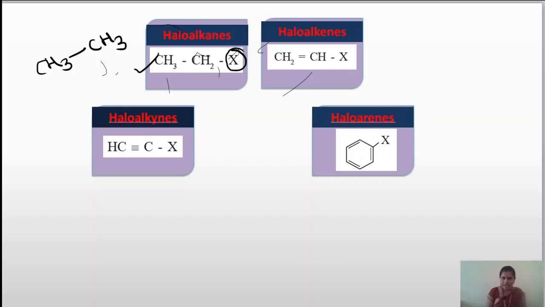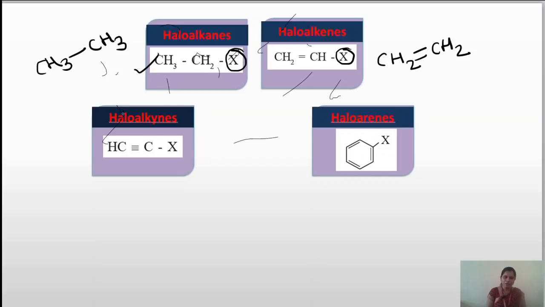Next type is haloalkenes. In haloalkenes, we replace one hydrogen atom of the alkene. Here I take the example of ethene. What is the formula of ethene? CH2=CH2. Here I replace one hydrogen atom of ethene by this halogen atom and then I will get this type of structure, and this structure is known as the haloalkene.